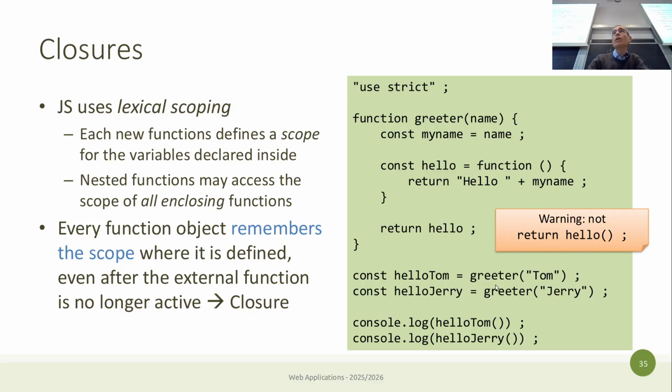So there are two my name variables that are not accessible here in the global scope. You cannot write my name here because it's an error, but the references to the functions that you got are able to access them. And this is done automatically by JavaScript.